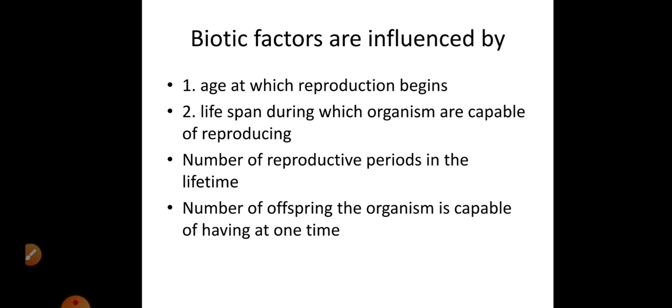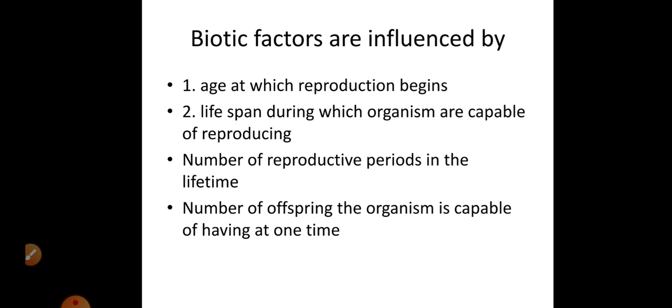The biotic potential is influenced by several factors. We have the age at which reproduction begins. For example, rabbits can start to reproduce at the age of 1 year. The lifespan, or sorry, the range of age that the rabbits can reproduce through.